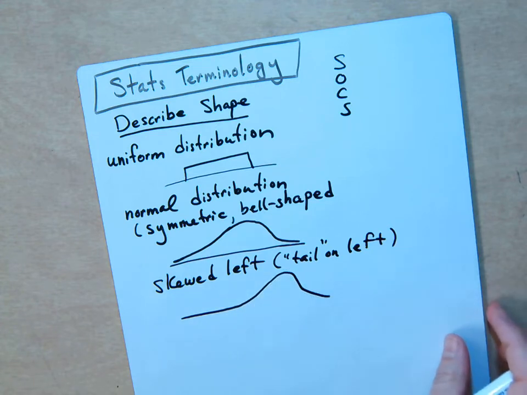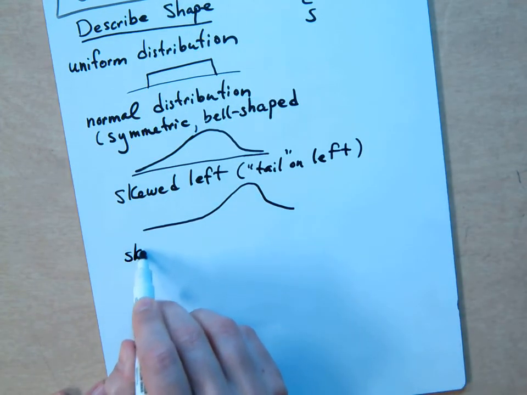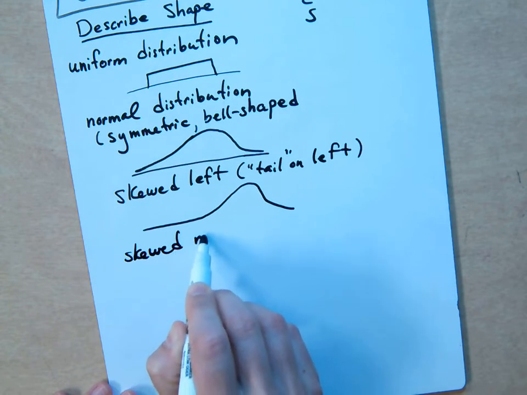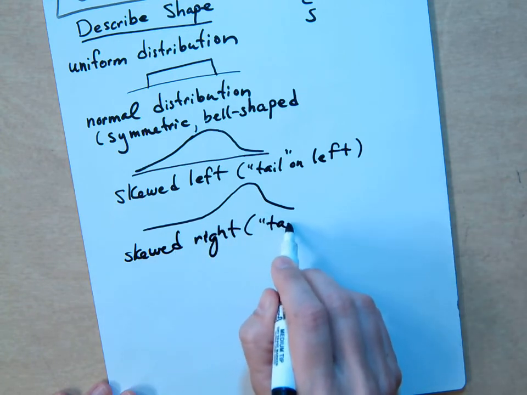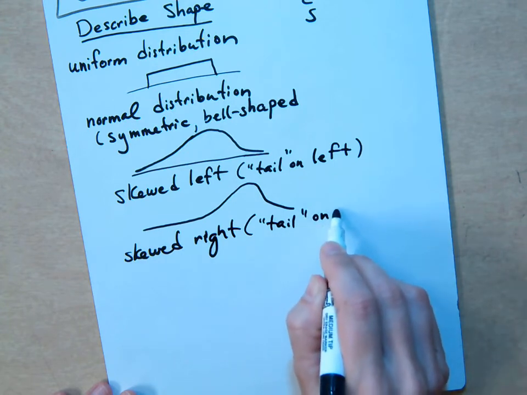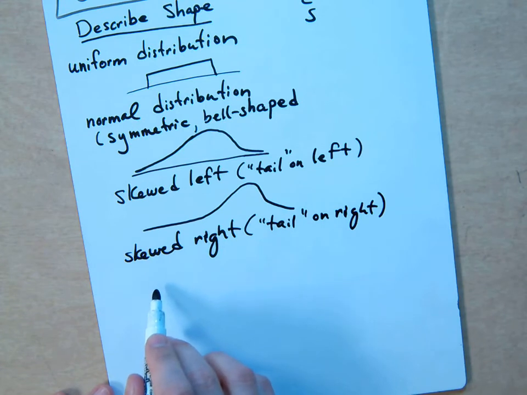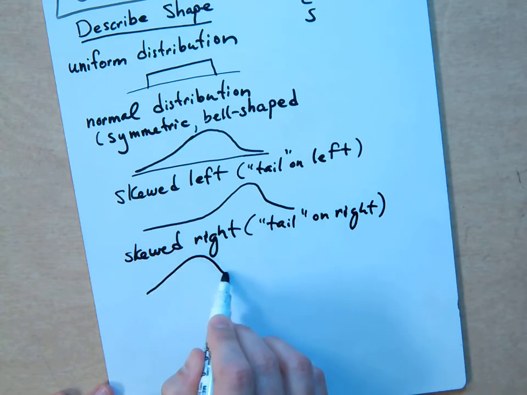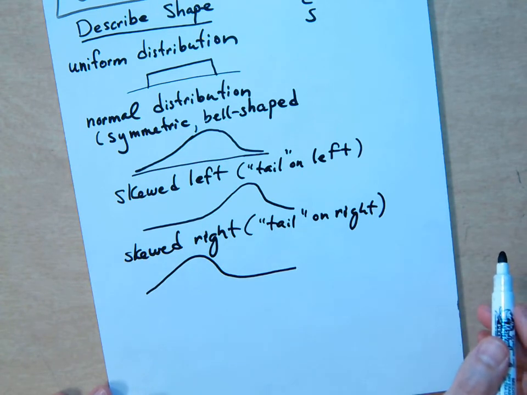Something like that. And you can have skewed right, which means the tail is on the right. Extreme values are to the right. So that would look something like this. That way. So that's just for shape.